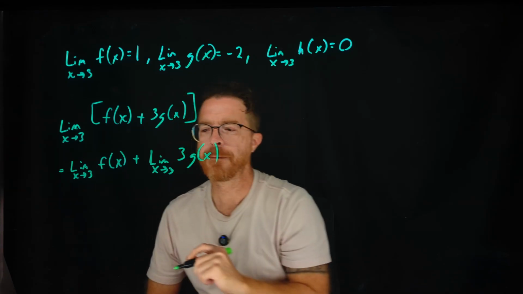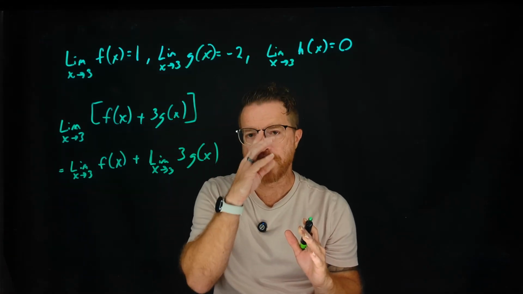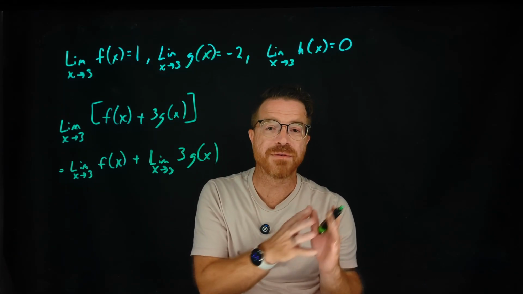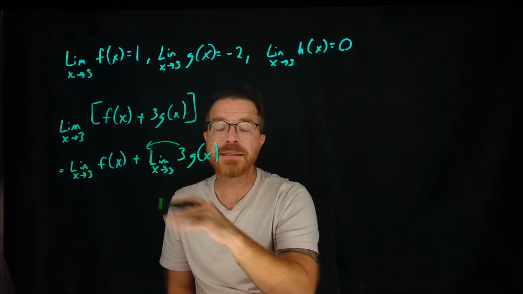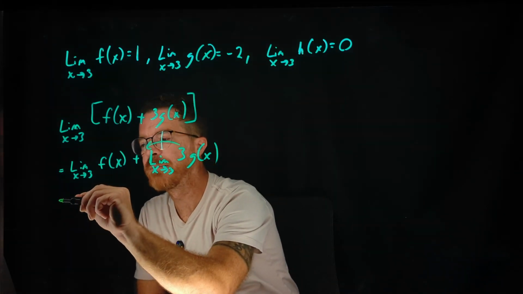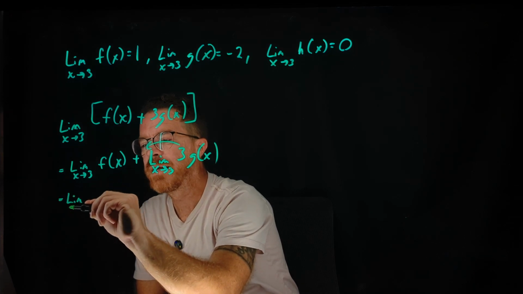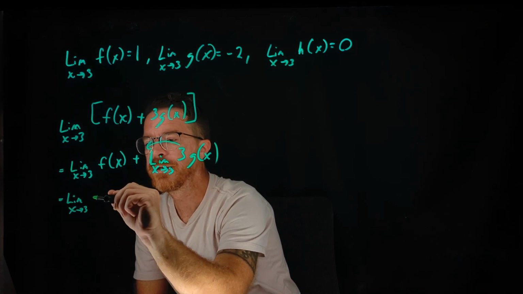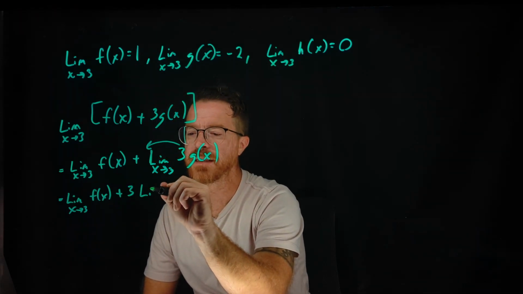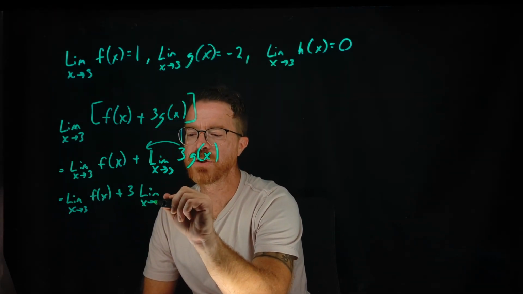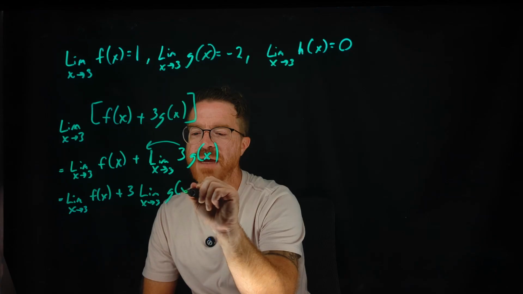of 3 times g of x. Now we are going to use our property where if we have the limit of some constant times a function, this is the same thing as the constant times the limit of the function. So this becomes the limit as x approaches 3 of f of x, plus 3 times the limit as x approaches 3 of g of x.